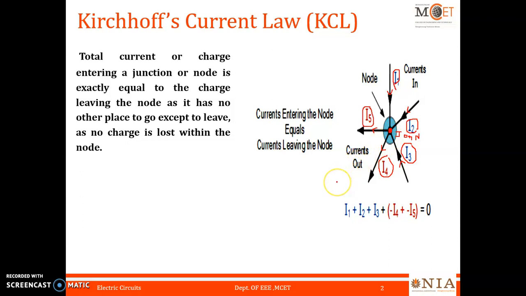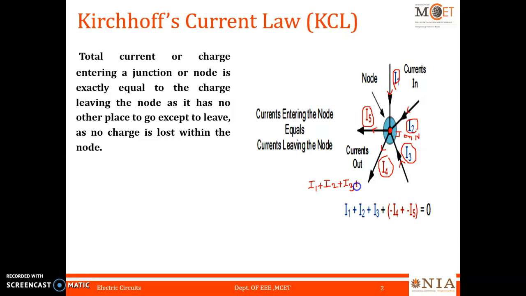Here the entering currents into the junction are represented by the positive sign. I1, I2 and I3 are the entering currents, hence I am representing them with positive sign. So I1 plus I2 plus I3, whereas the currents I4 and I5 are the exit currents or outgoing currents from the junction, so I represent them by negative sign.